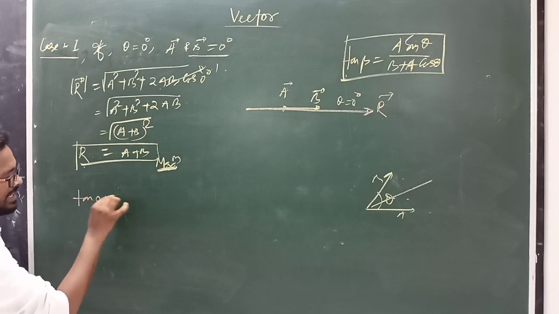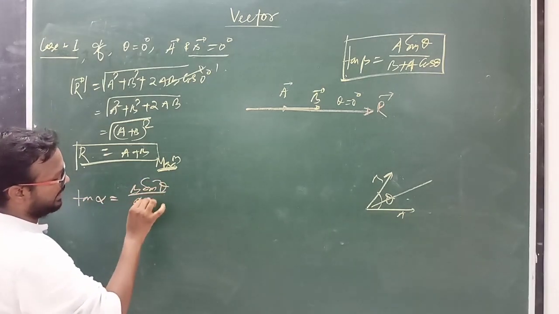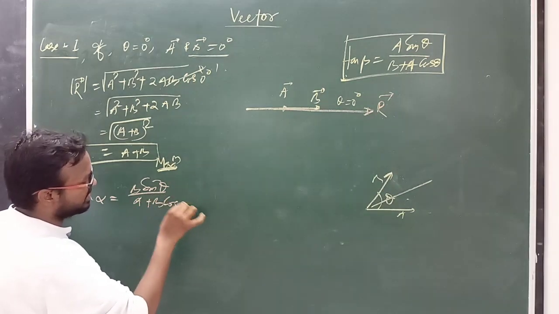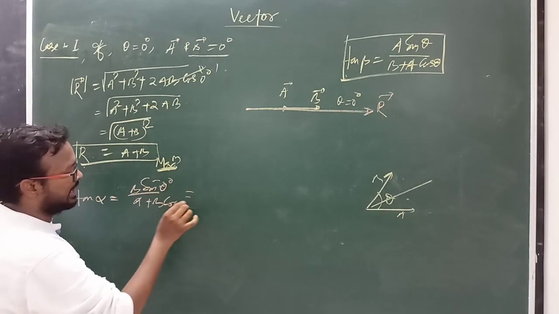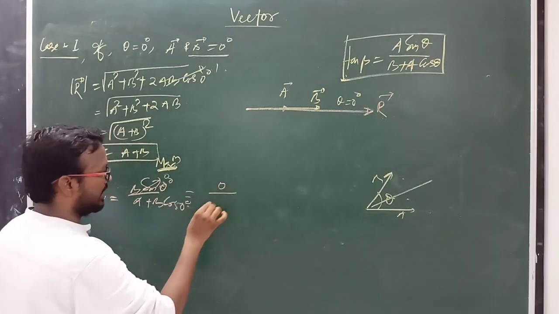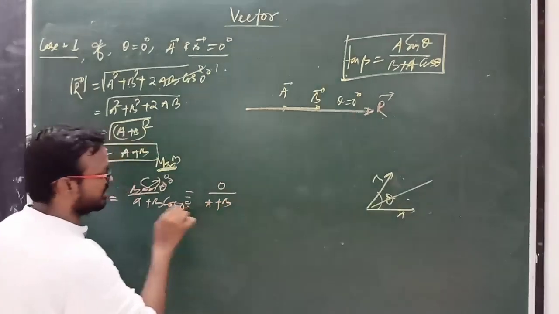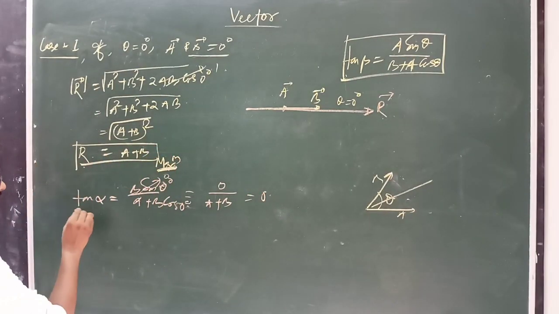Because tan alpha equal to B sin theta by A plus B cos theta, but theta is here 0 degree. So I am writing here 0 degree. Sin 0 equal to 0, and cos 0 equal to 1, so 0 by A plus B, which is equal to 0. Clear?